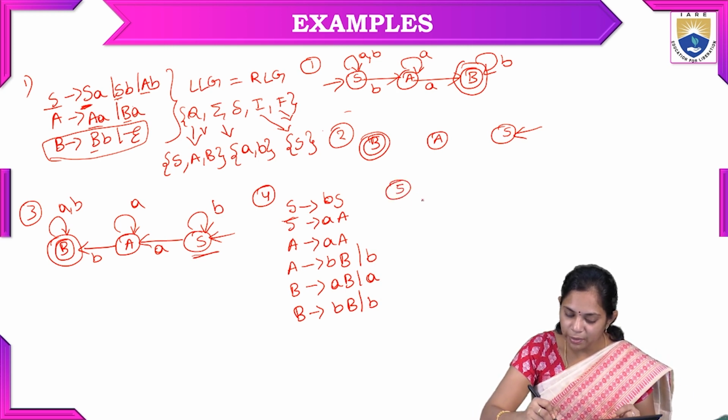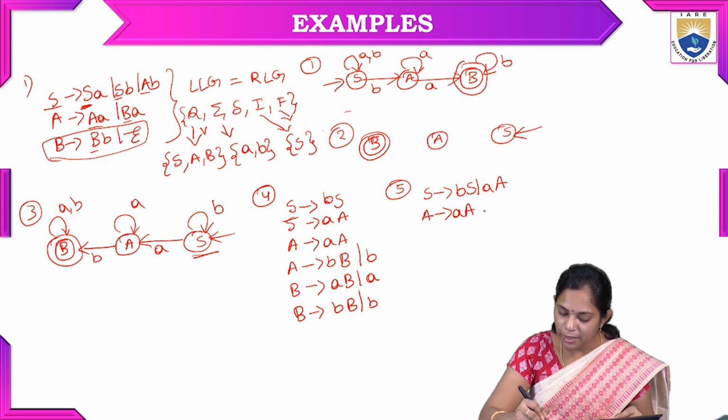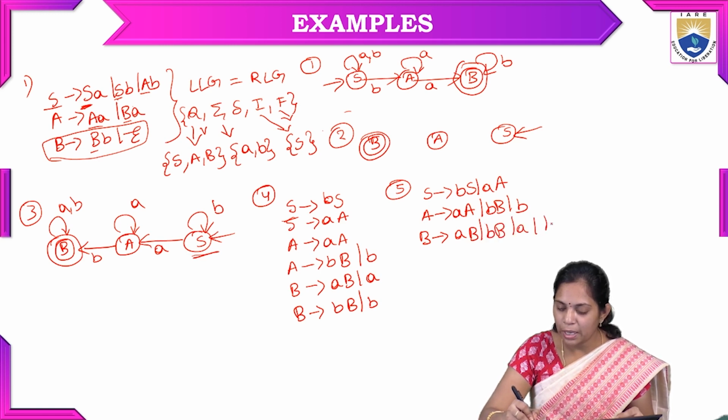So simplifying, S tends to BS, A, and A tends to A, B, comma B, and B tends to AB, and B, and A, comma AB.